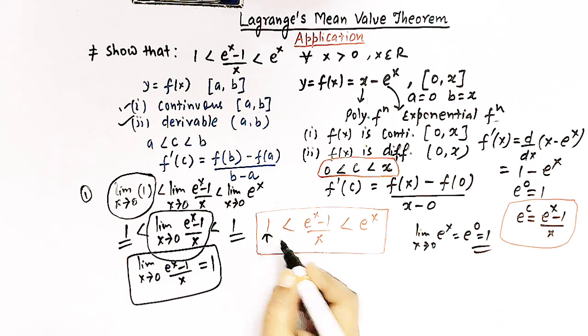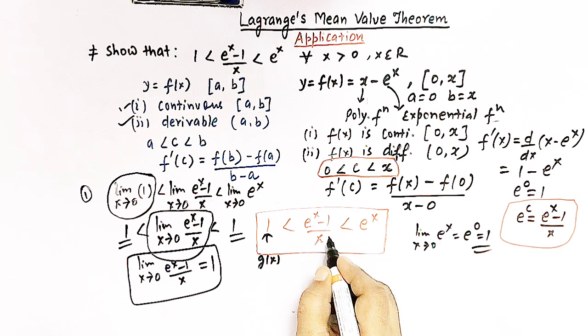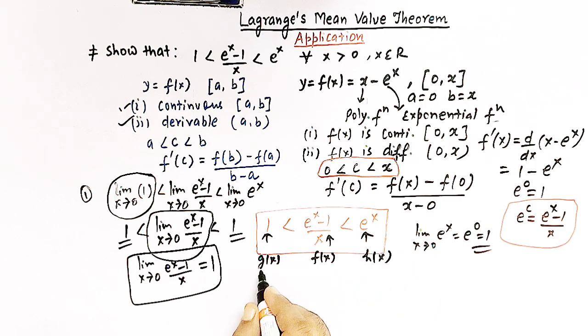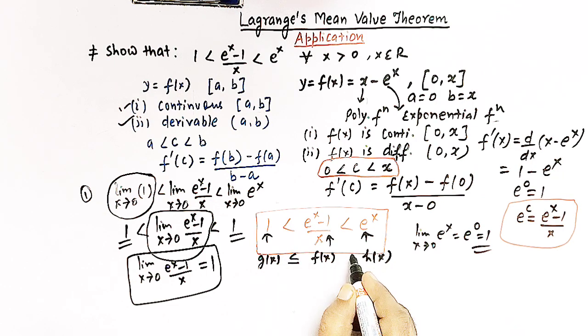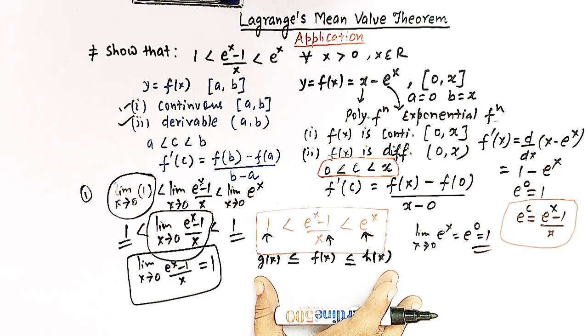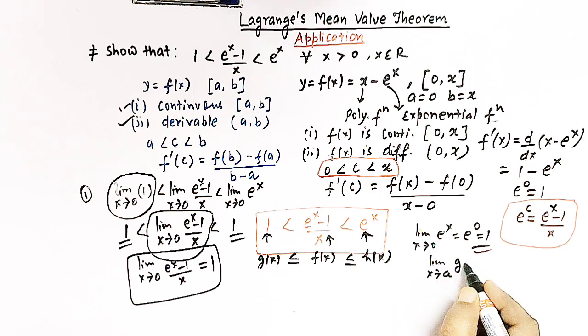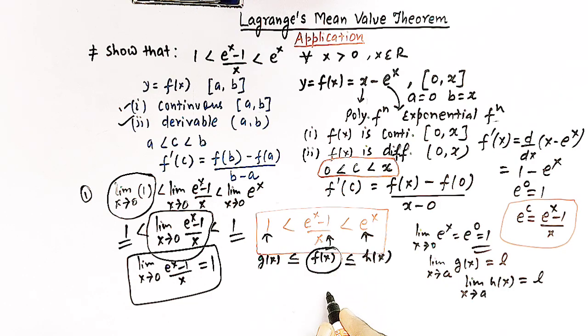Now if we take this function as g of x, this function as f of x, and this function as h of x, the sandwich theorem says that if we have three functions g of x, f of x, and h of x, such that they satisfy this inequality, and if the limit as x tends to a of g of x is L, and the limit as x tends to a of h of x is also equal to L, then the limit of this function is also equal to this number L, right?